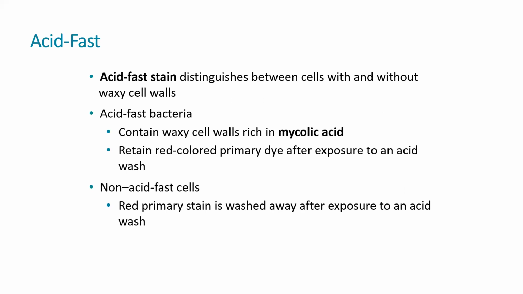Now, the acid-fast stain distinguishes between the gram-positives that are acid-fast and those that aren't. Because of that waxy mycolic acid layer, it actually retains the red color of the primary dye. But the non-acid-fast cells don't have that waxy layer, so they do not retain the red.